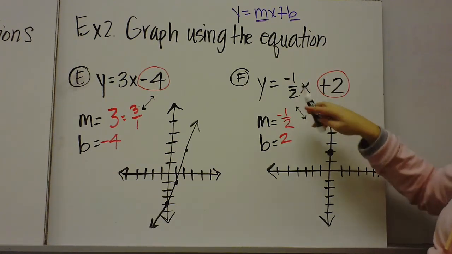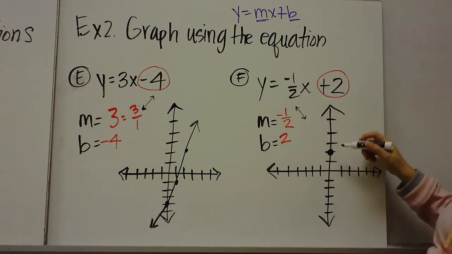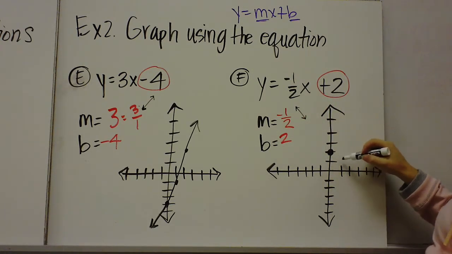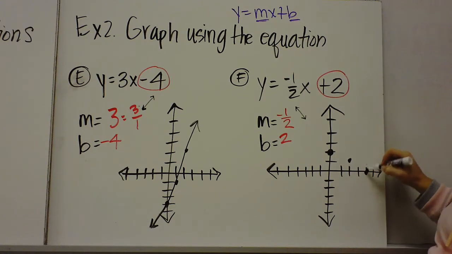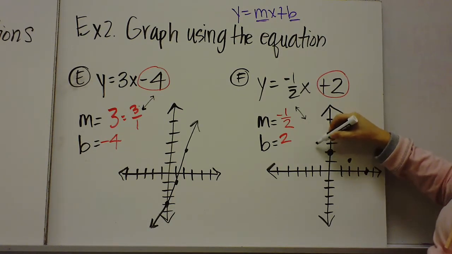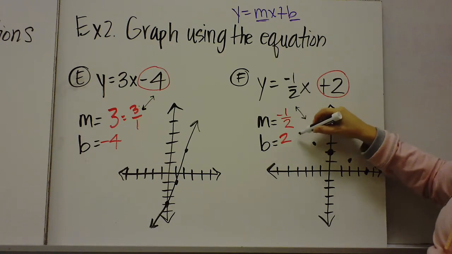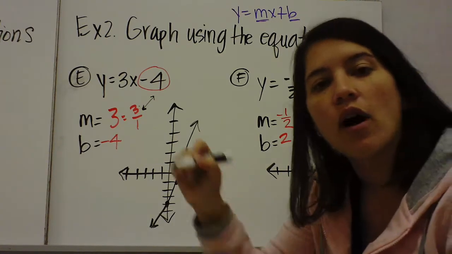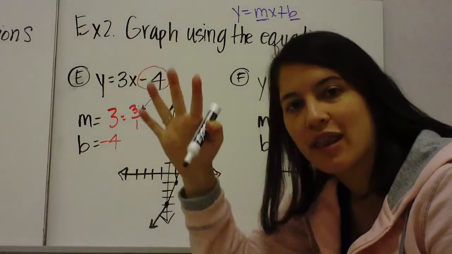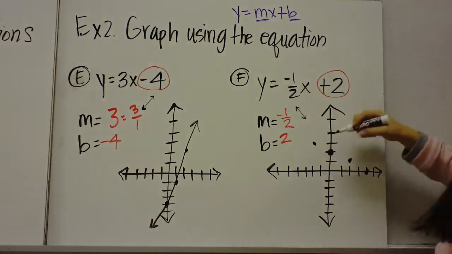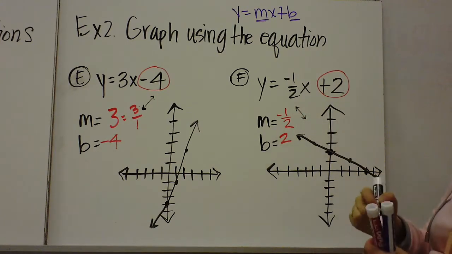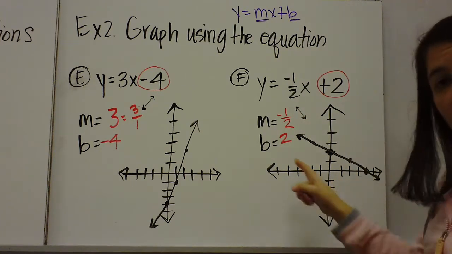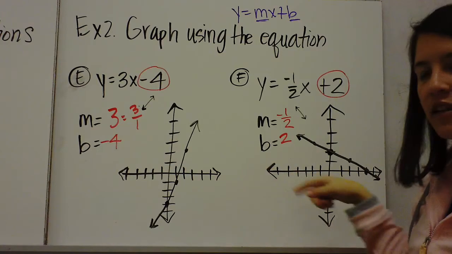So that means we're going to go in a negative downhill direction. 1 over 2, or we could go up 1 over 2. So you can go up, over, down, over, as long as you make that negative line. And then you connect, and you have the graph of a linear equation.